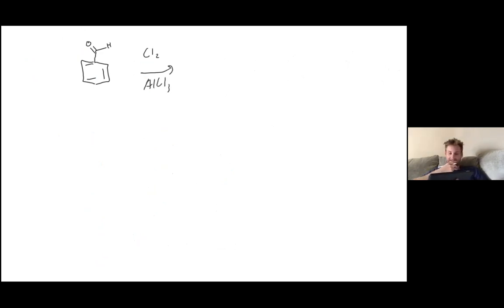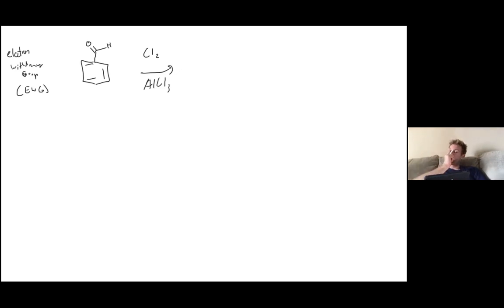This is referred to as an electron withdrawing group. And that just means that we're going to be pulling electrons out of the ring.